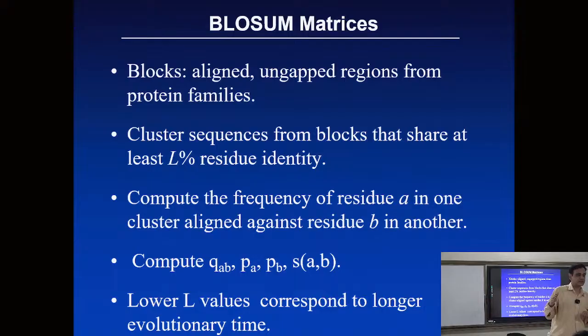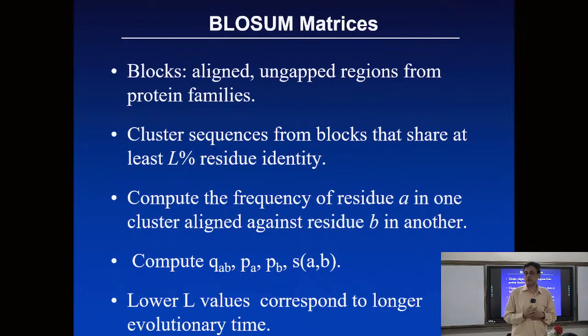For sequences that could be highly dissimilar to each other, yet they are related, which BLOSUM matrix would you want to use? Higher number BLOSUM matrix or lower number BLOSUM matrix? Lower number, right? Because lower number represents more divergence.